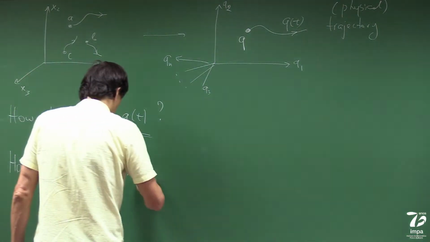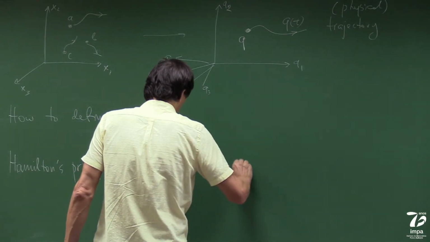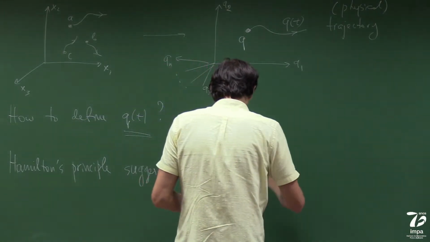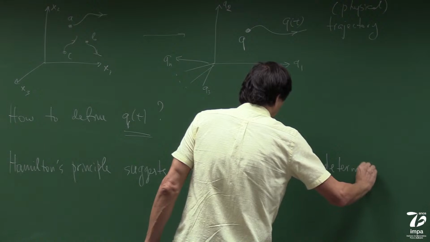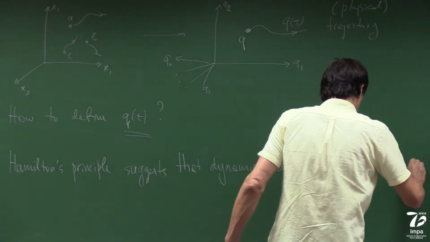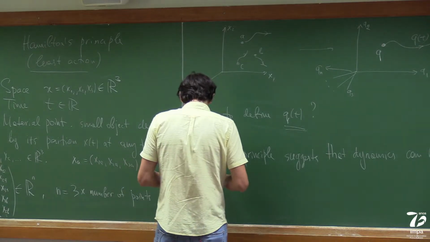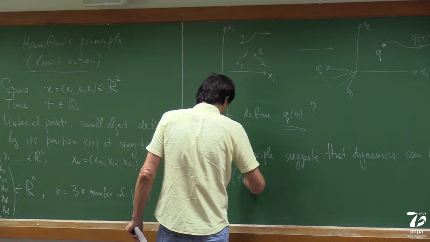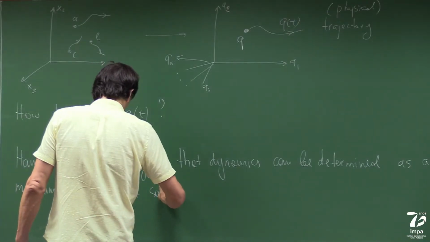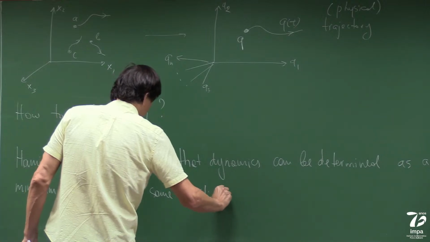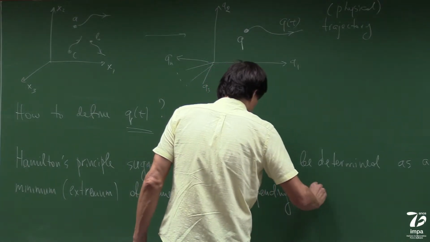It suggests that dynamics can be determined as a minimum, in more general terms an extremum, but we will talk only about minimum, of some functional depending on the trajectory.